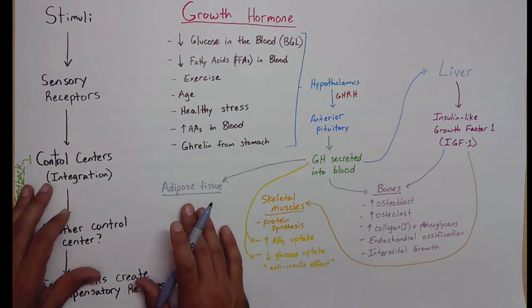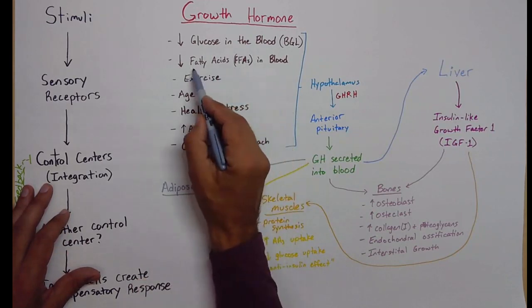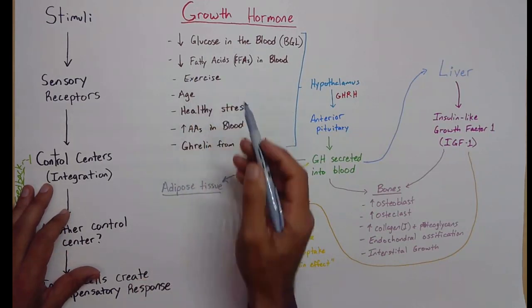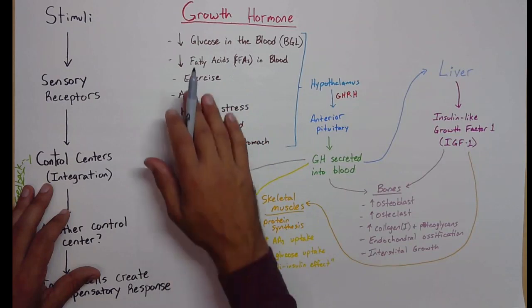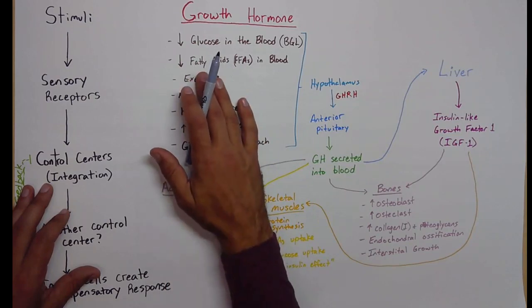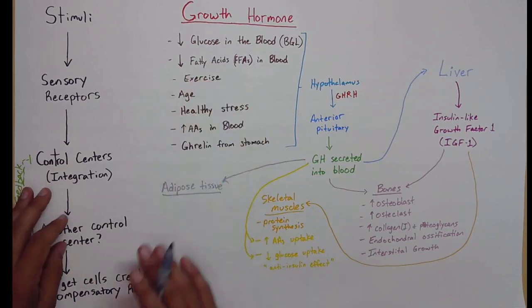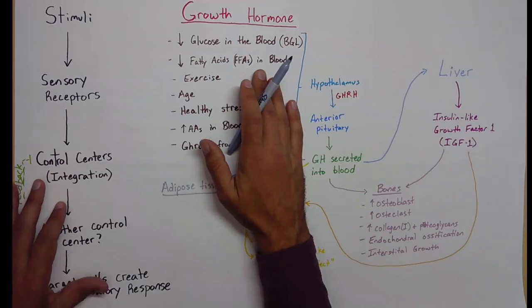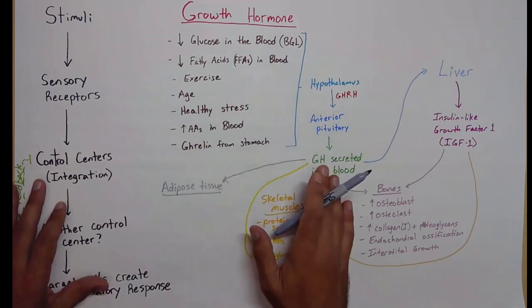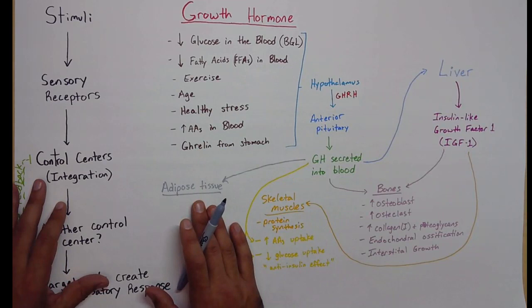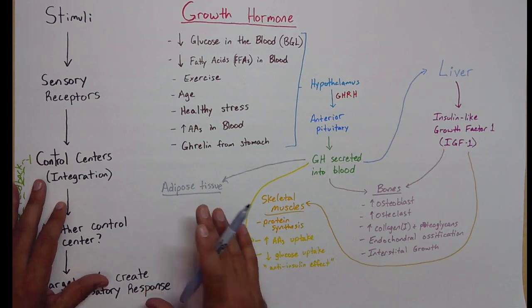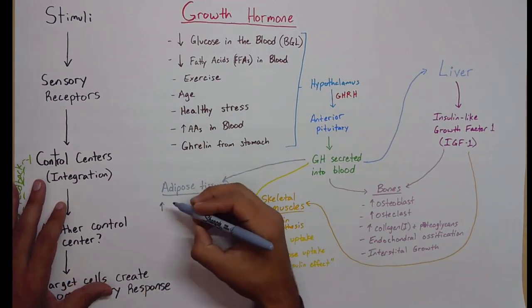So here in our adipose tissue, we have a lot of stored fatty acids. So if the stimulus is a decrease in fatty acids in the blood, we know that the compensatory response should be to increase fatty acids in the blood. So what is growth hormone going to do? It's going to help break down fats. This process is called lipolysis.